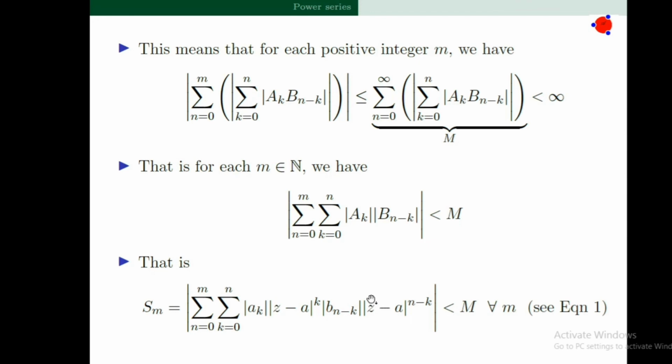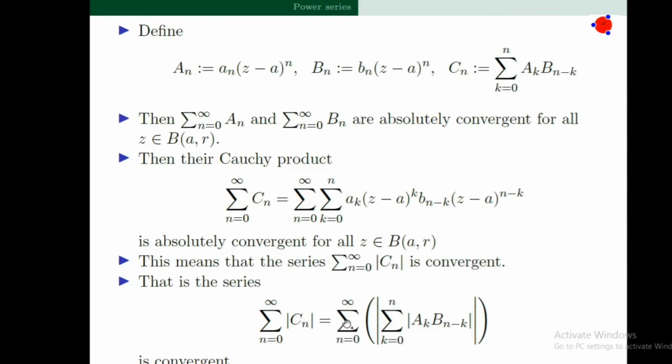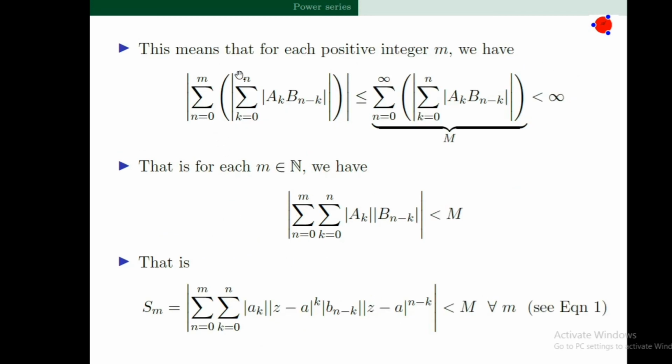This series is convergent means the sequence of partial sums is convergent, and this means that for each positive integer m, the sequence of partial sums is bounded by this term. We can note that in this summation, mod ak into mod bn minus k is always positive.